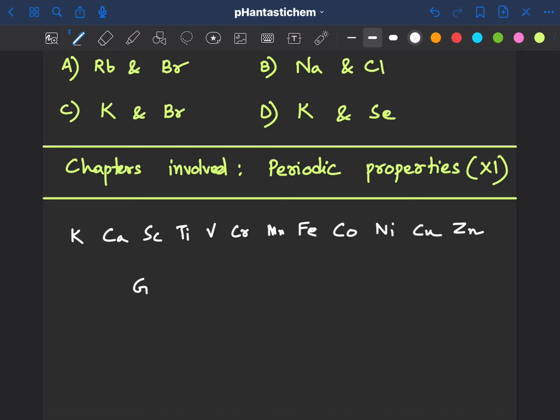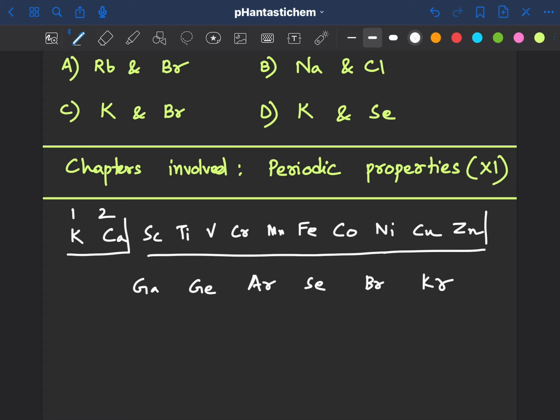Then we have gallium, germanium, arsenic, selenium, bromine, and krypton. So these two are group 1 and group 2, the S block. These are the D block elements, and these are our P block. I'm talking about period 4.